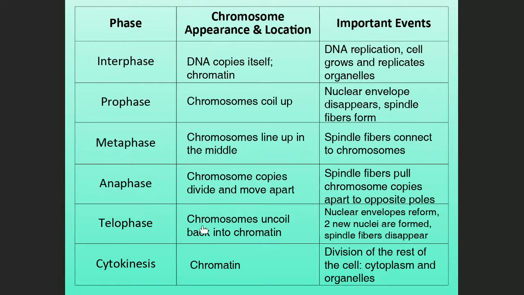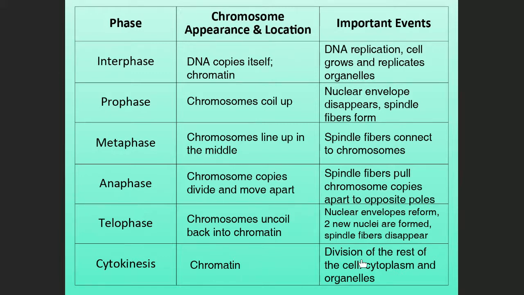In the telophase stage, the chromosomes uncoil back into chromatin, and a nuclear envelope forms, so two nuclei are formed. Spindle fibers disappear.